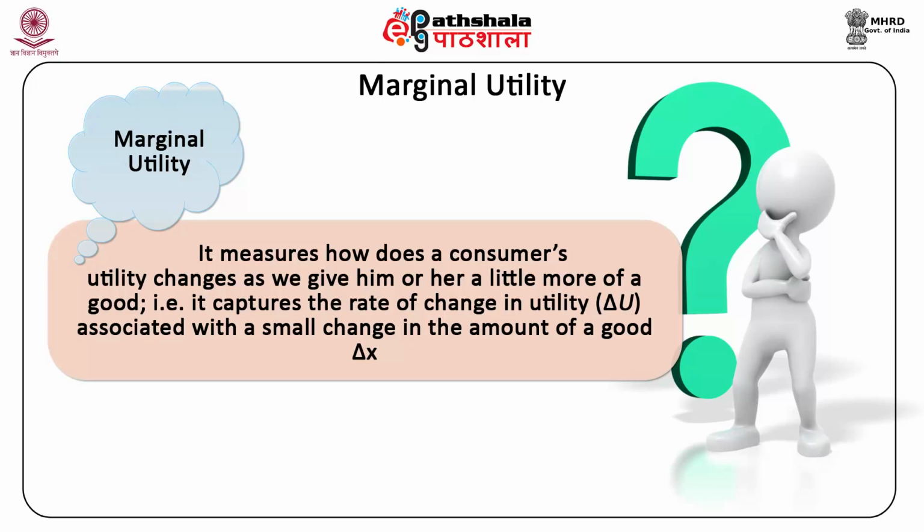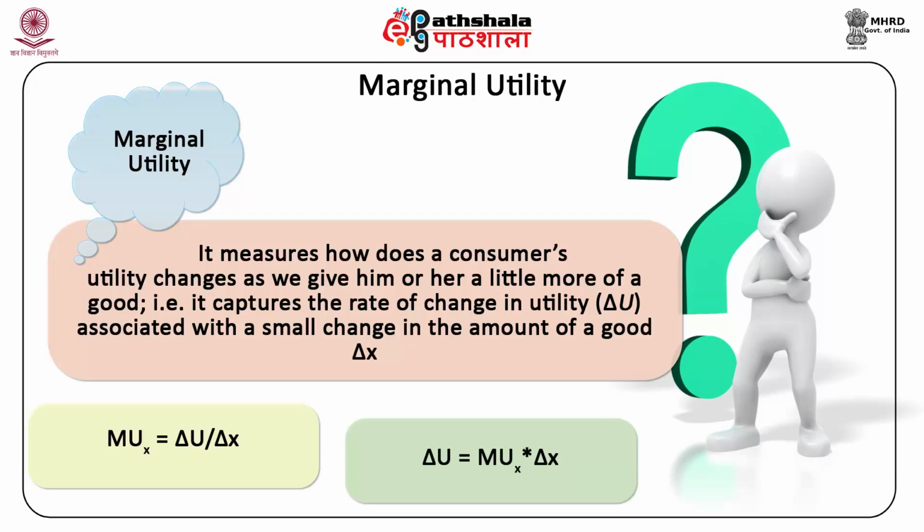That is, it captures the rate of change in utility, denoted as delta U, associated with a small change in the amount of good, denoted as delta X. Hence, marginal utility can also be written as the following ratio: MUx equals delta U upon delta X. It implies that to calculate the change in utility associated with a small change in consumption of good X, we can just multiply the change in consumption of X by the marginal utility of X, and get delta U equals MUx into delta X.